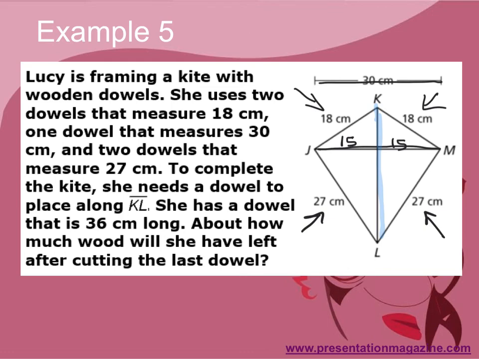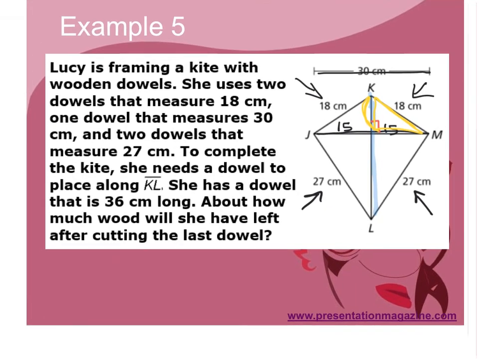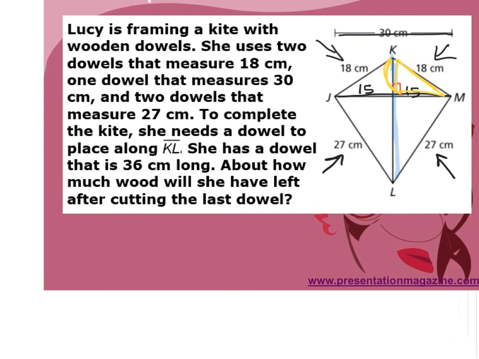Now, again, remember, one of the properties of a kite is that the diagonals are perpendicular. Notice we have formed a bunch of 4 right triangles here. So to find the length of this piece of KL, I'm going to do Pythagorean theorem first. Let's call this piece x.